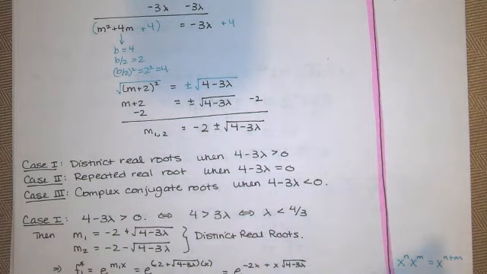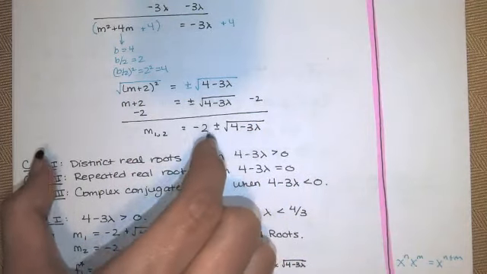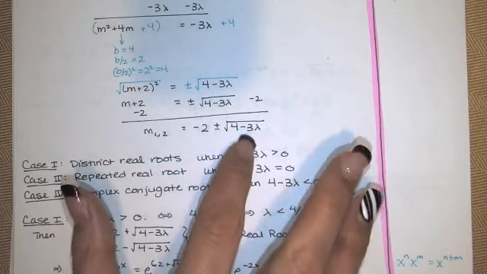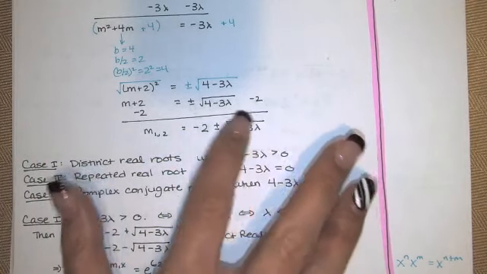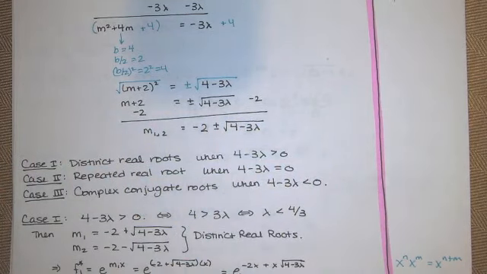If you get a repeated real root, you get a different type of solution. Complex conjugate roots, you get a different type of solution. Whether you're in case 1, case 2, or case 3 will depend on the value of lambda. And usually there's some expression involving lambda, and you're going to see when it's positive, negative, or 0 to get your distinct real roots, your repeated real root case, and your complex conjugate root case.